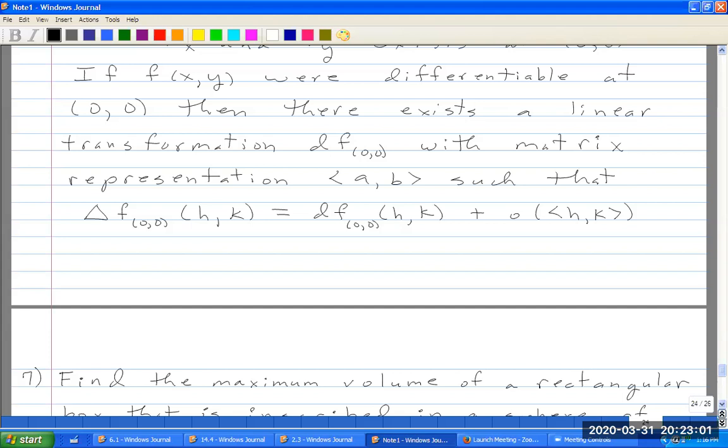Which is, well, the dot product between these two vectors. It's the matrix multiplication of these. And so this would be AH plus BK.